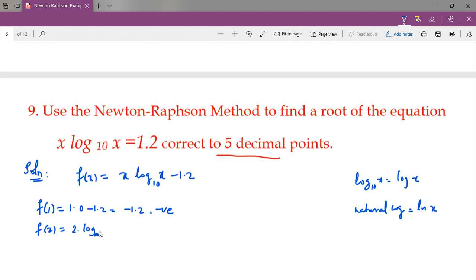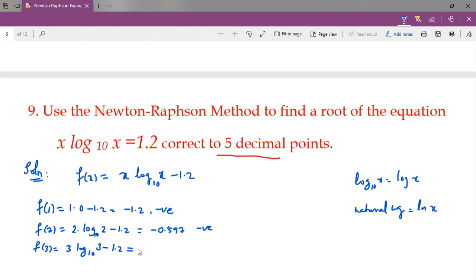F of 2 is 2 into log 2 base 10 minus 1.2. This is going to be minus 0.597. This is also negative. So next try f of 3. That is 3 into log 3 base 10 minus 1.2.